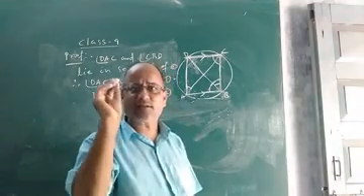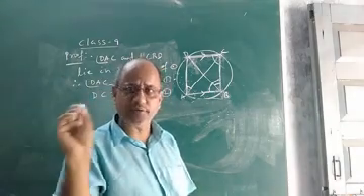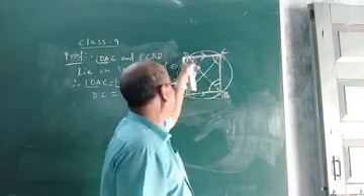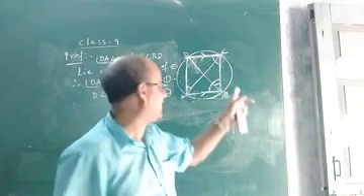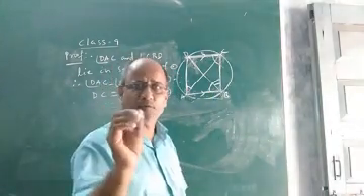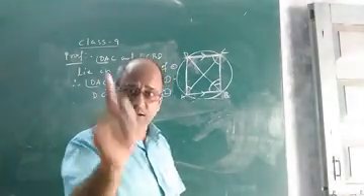Two angles lying on the same side of the transversal are called co-interior angles, because they lie on the same side of transversal BC. And the relation between a pair of co-interior angles is that they are supplementary, meaning their sum is 180 degrees.